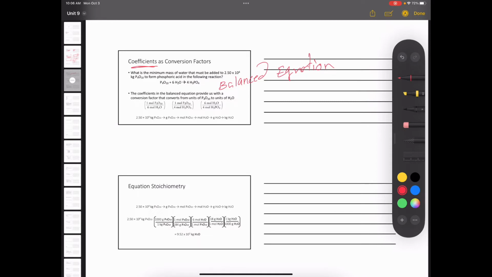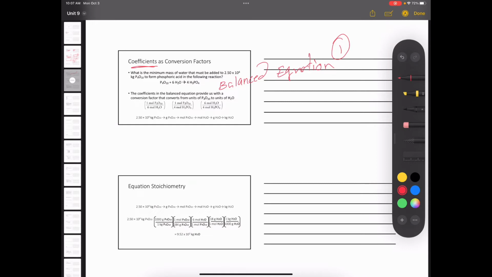Otherwise, your conversion factors will be all over the place. So number one, when we're using a stoichiometric technique, or the stoichiometric concept to calculate quantitative data, we need to make sure the equation is balanced.